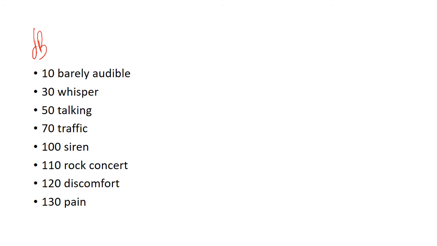Now, if you go from 10 up to 30, you are going to increase the amount of pressure, increase the amount of energy by 100. Okay? Now, the reason is because if you go 10 up to 20, that's times 10, 20 up to 30, and that is times 10.